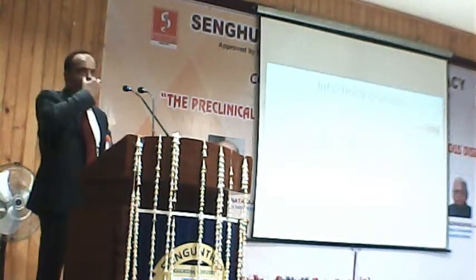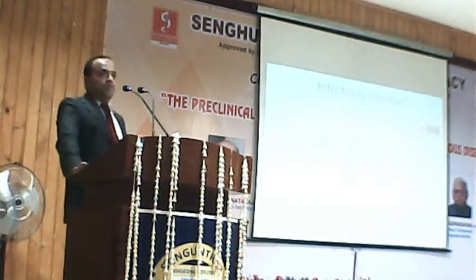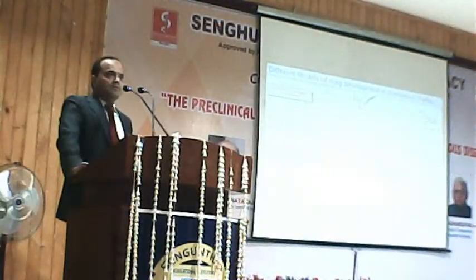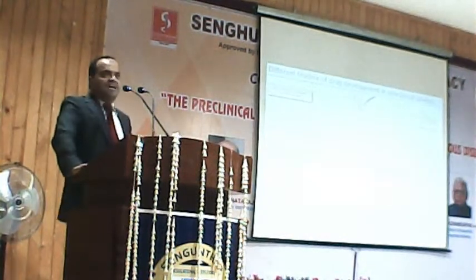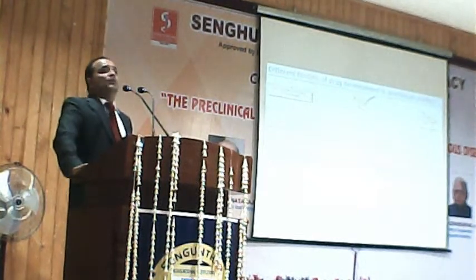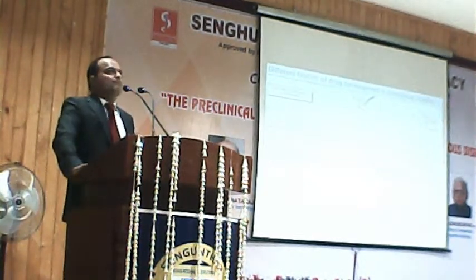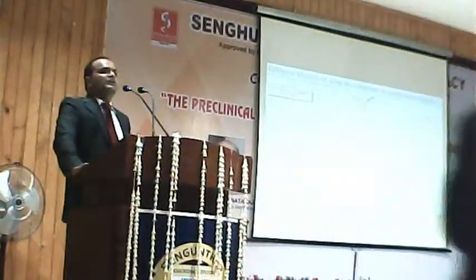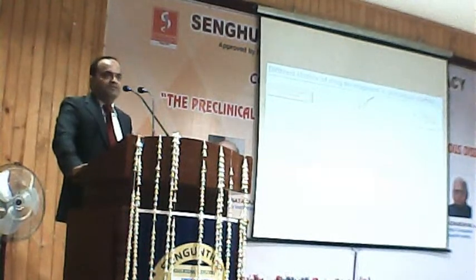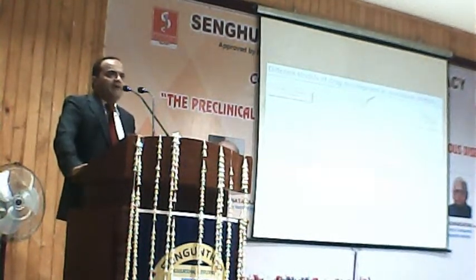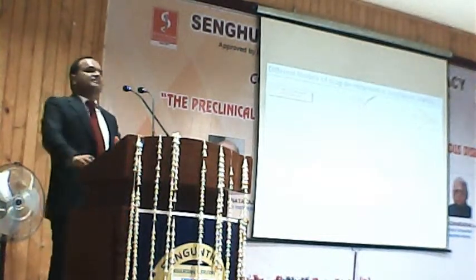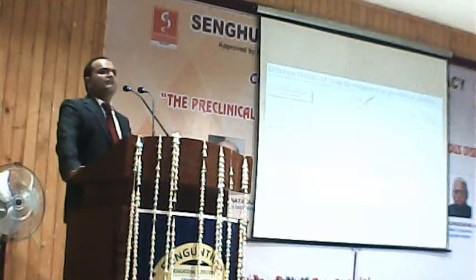One is controllable, another is uncontrollable. There are some challenges or difficulties which we are able to control if we have proper coordination. And of course, the second is the uncontrollable features, where it's not in our hands. One example is resistance. It is not in our hands.